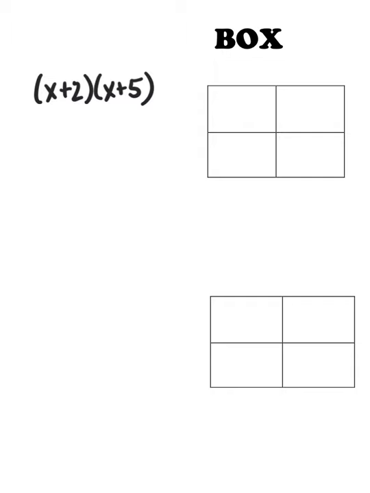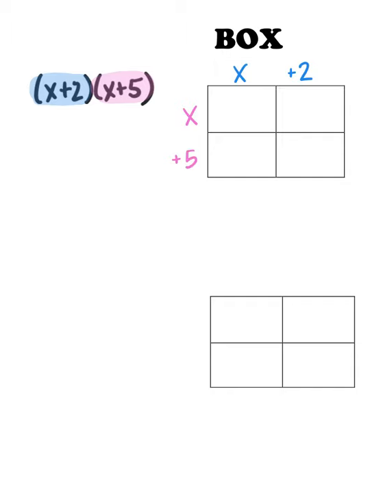So we're going to take this first parentheses, and we're going to break it down into x and plus 2. Okay, now we're going to take the second parentheses and we're going to break that down into x plus 5.